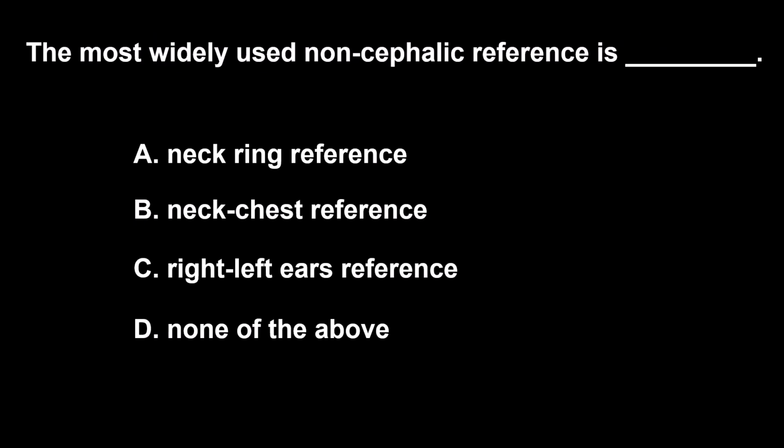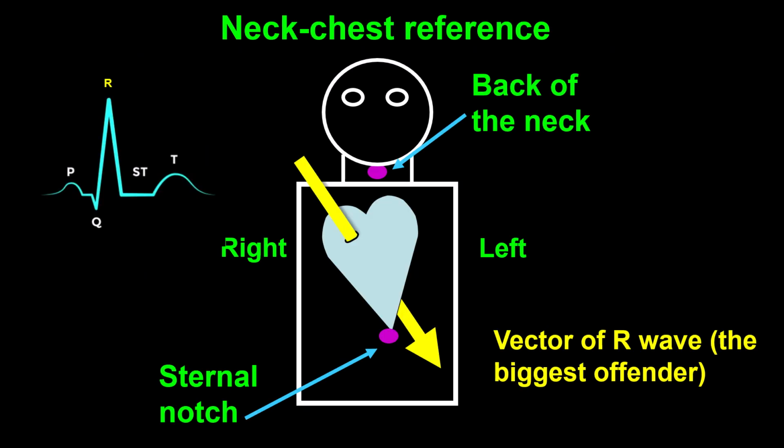Next question. The most widely used non-cephalic reference is A, neck ring reference, B, neck chest reference, C, right, left ears reference, D, none of the above. All the locations mentioned in this question have one thing in common. They are constructed to decrease cardiac artifacts.